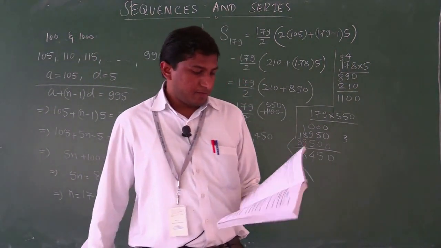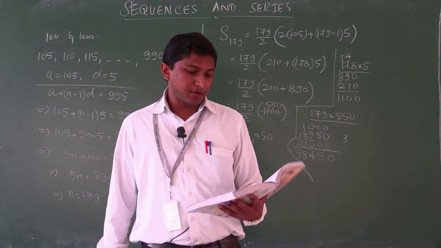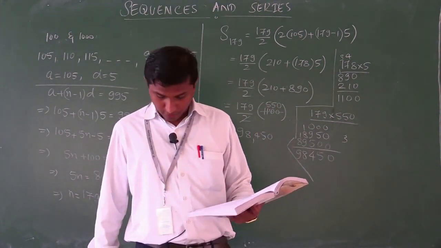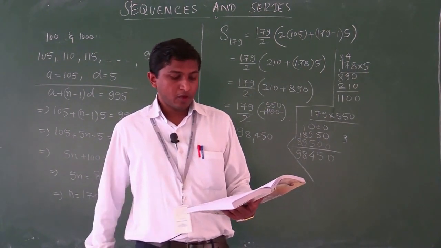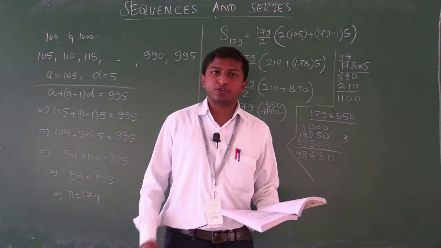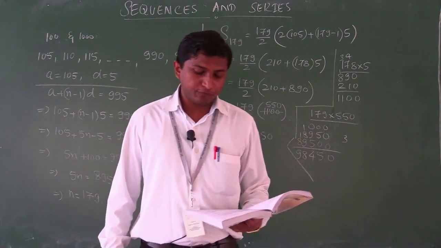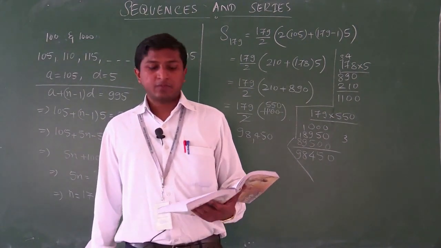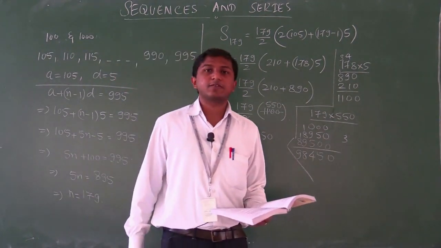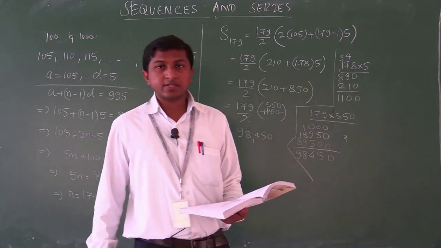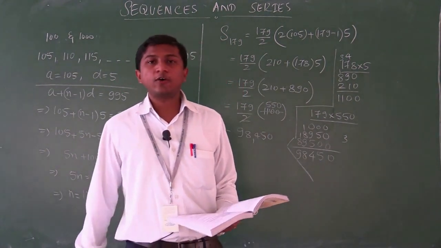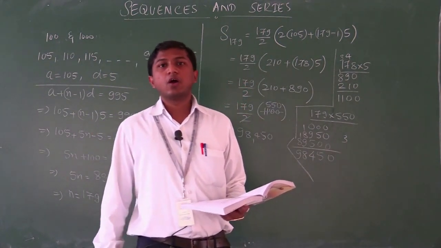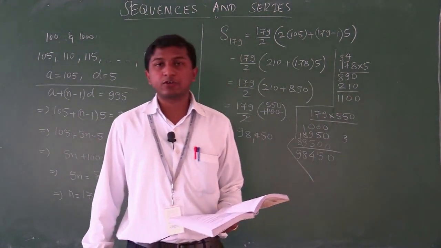In an AP, the first term is 2, and the sum of first 5 terms is 1/4 of the next 5 terms.